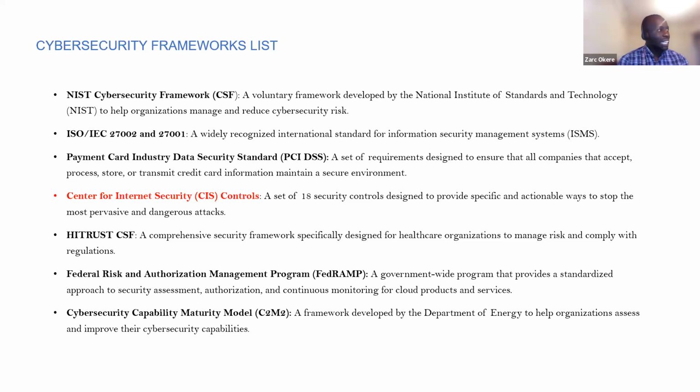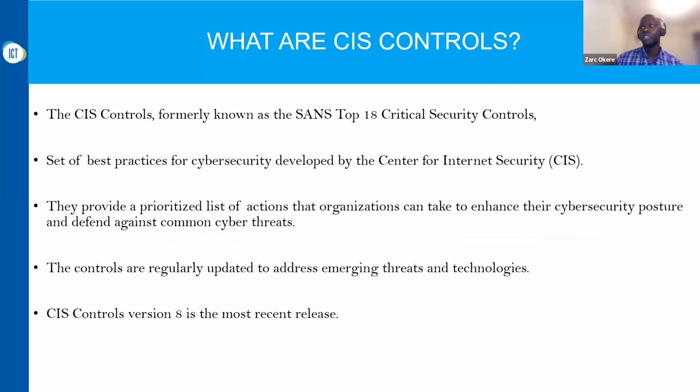Then we are going to discuss in detail the CIS. We have HITRUST, we have FedRAMP, we have the C2M2, that is the Cybersecurity Capability Maturity Model. We have the Cyber Essentials. There are a lot, but these are the most popular currently being utilized by most of the organizations. So what are CIS controls?